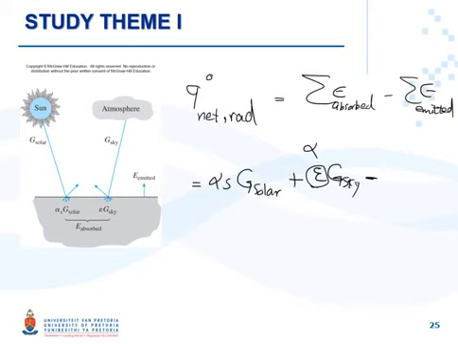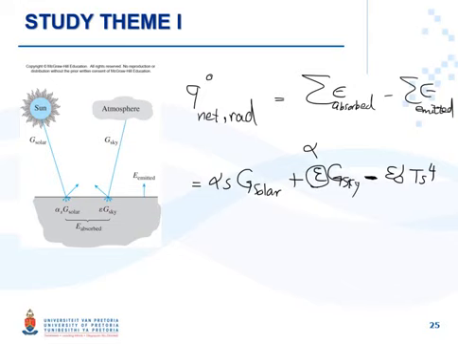The emitted energy will be epsilon sigma T_S to the power of 4. So basically that's the net rate of radiation heat transfer. Sometimes we can have the convection heat transfer rate as a loss part as well, because it will be considered as lost energy.